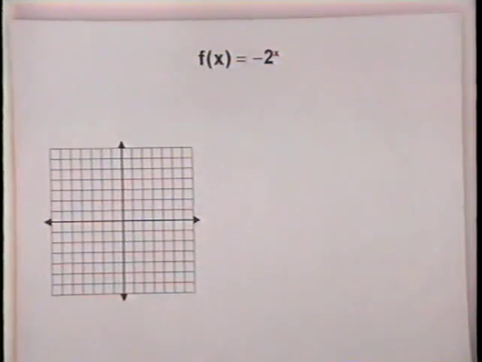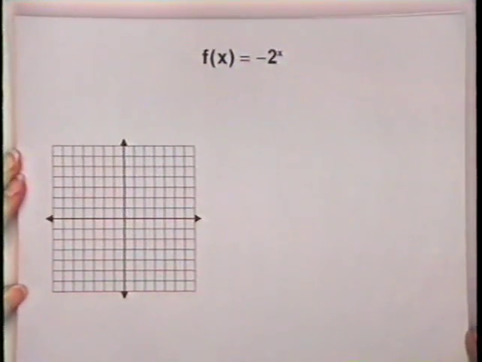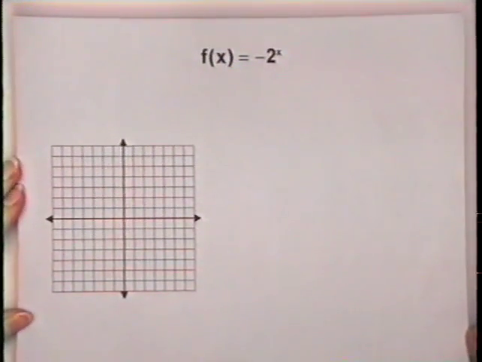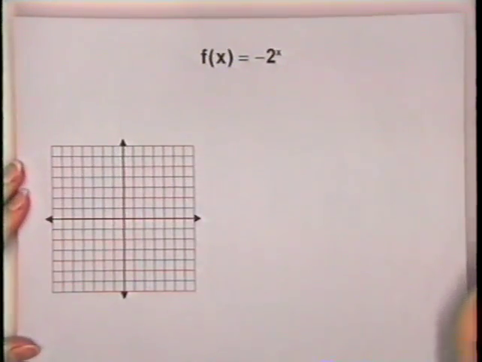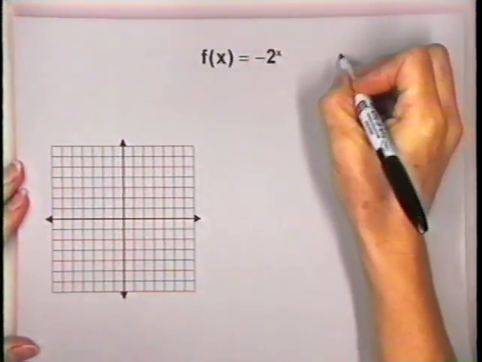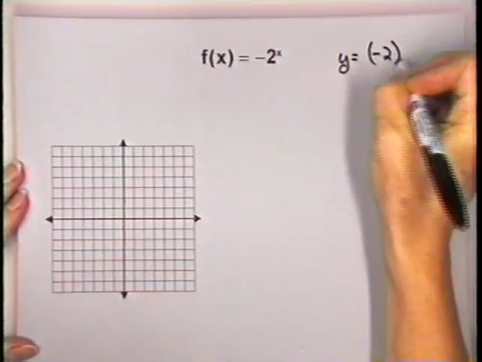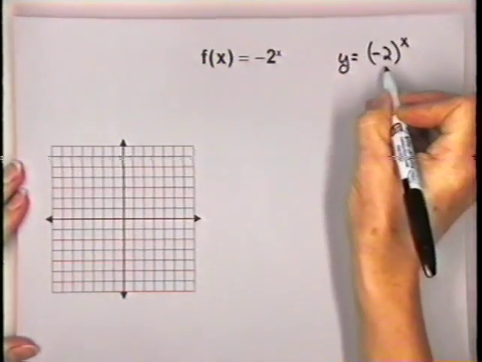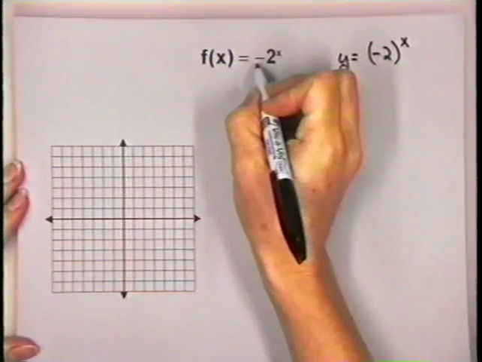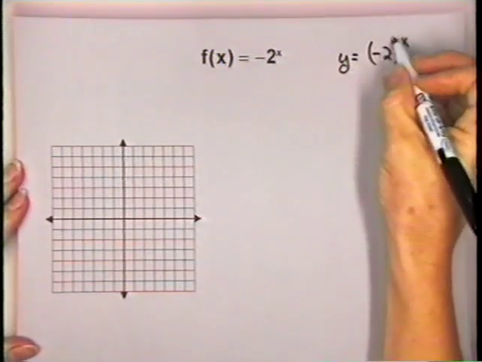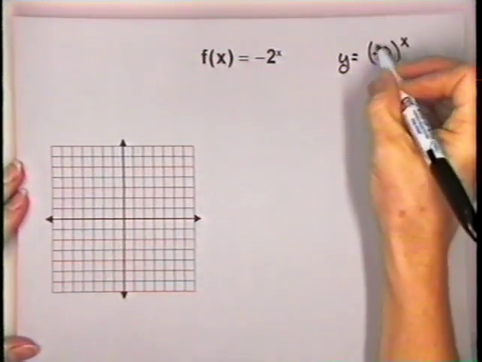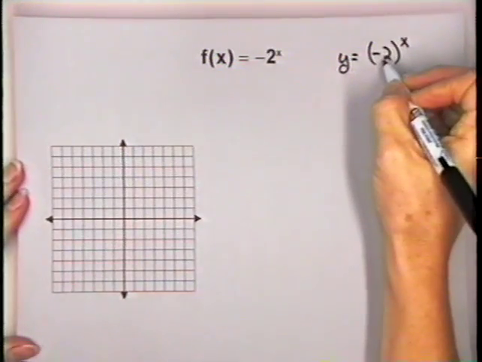Okay, let's look at this one. We have f of x is equal to -2 to the x power. Now, first of all, I want you to be absolutely sure you understand this is not saying this. Let me write that down. What's the difference between this and this? Here, because of the parentheses, that would be saying our base is -2.